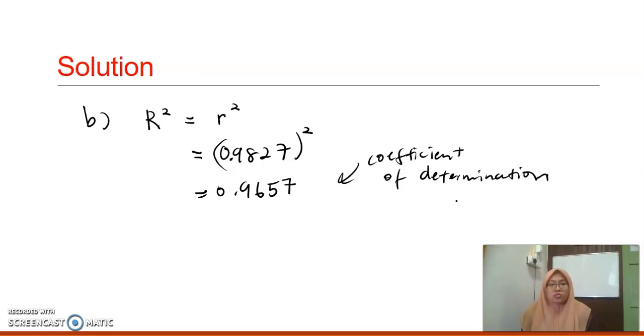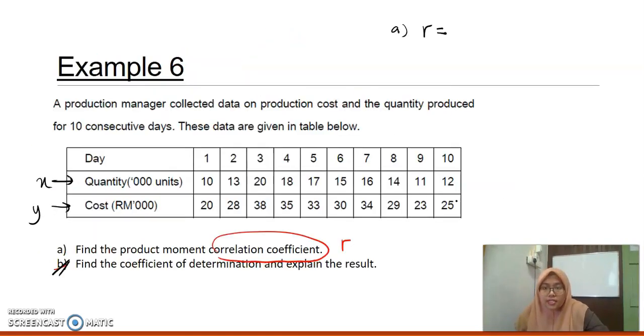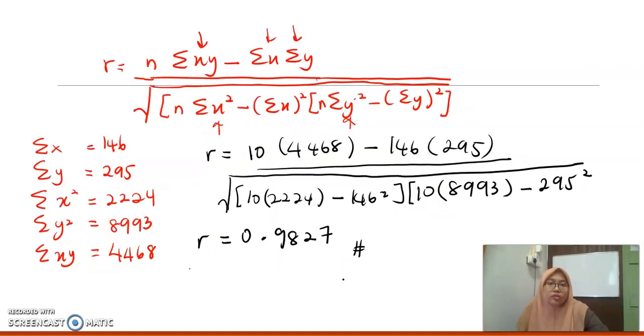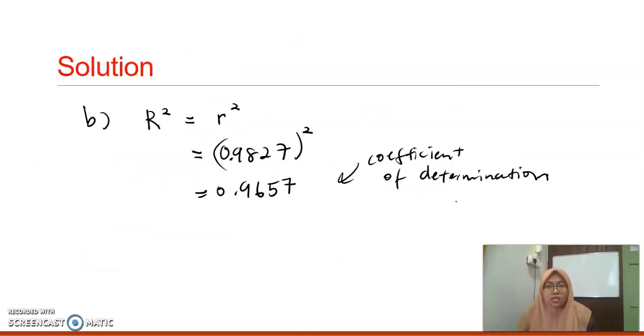Okay, so now you must explain your answer. Explain the result, explain the value of the coefficient of determination. So this 0.9657 means 96.57%, because R square is normally expressed in percentage, so you must multiply by 100.